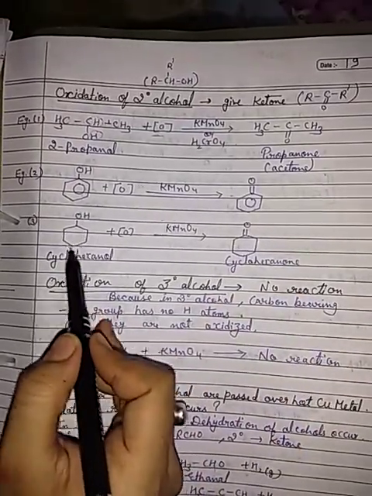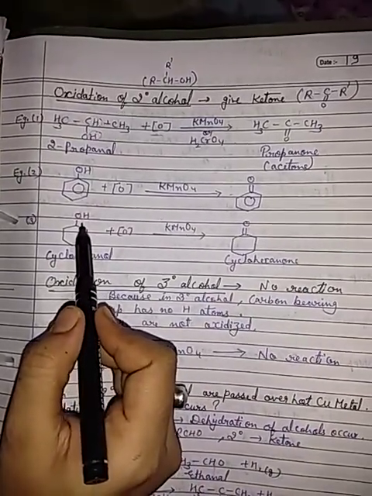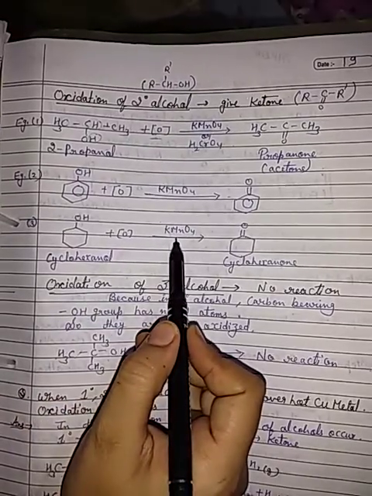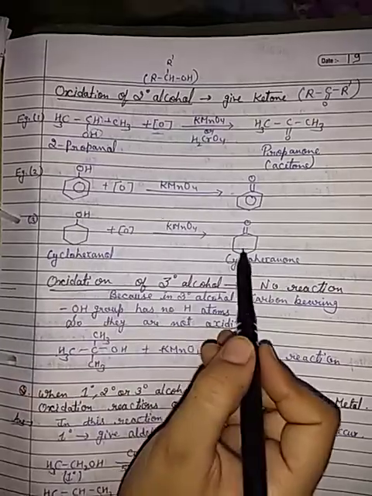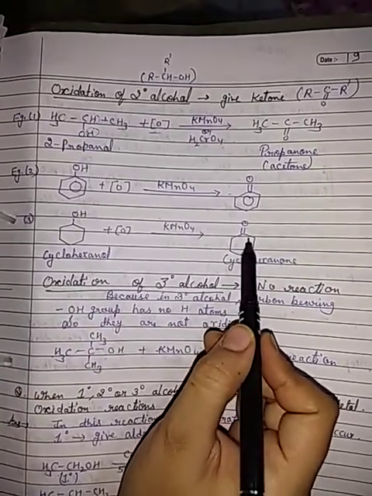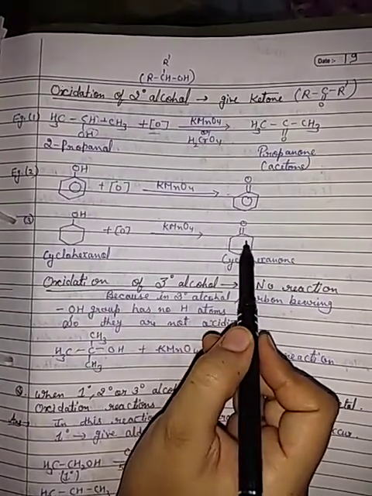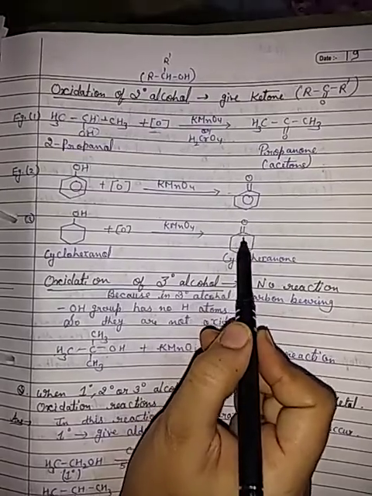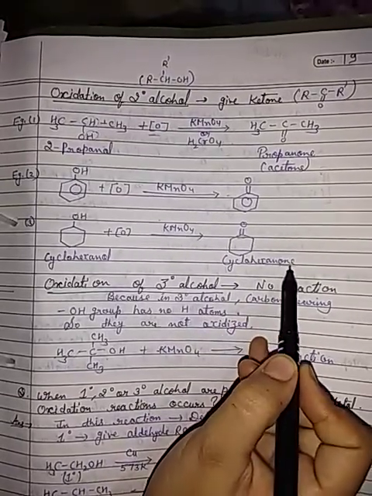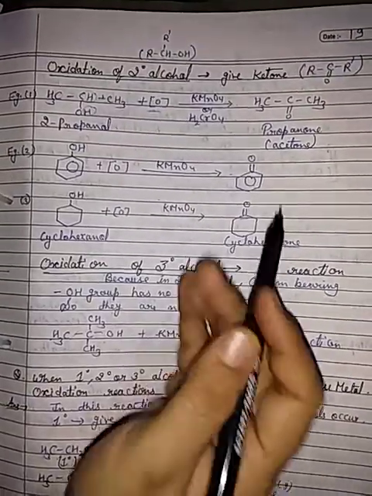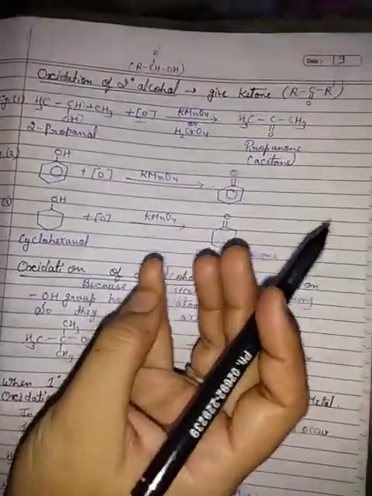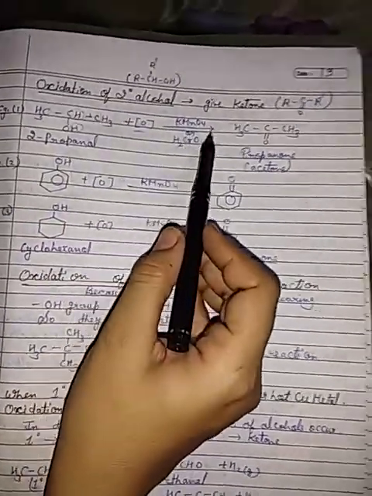Then cyclohexanol, oxidation in the presence of KMnO4: the hydrogen is removed and a double bond is formed, so its name is cyclohexanone, the C=O ketonic group, with suffix for ketone one. So oxidation of 1-degree alcohol gives aldehyde, and oxidation of 2-degree alcohol gives ketone.